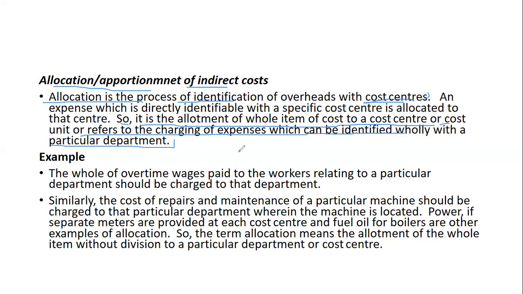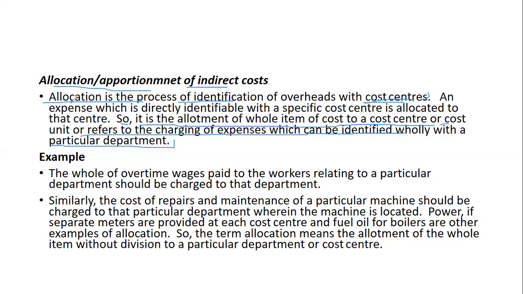Okay, to understand what's explained here better, when you speak of allocation of overheads, we mean assigning whole overheads to a single department. For example, if we speak of factory rent, and that factory rent belongs to production department A, which means we have to allocate it 100% to that department.